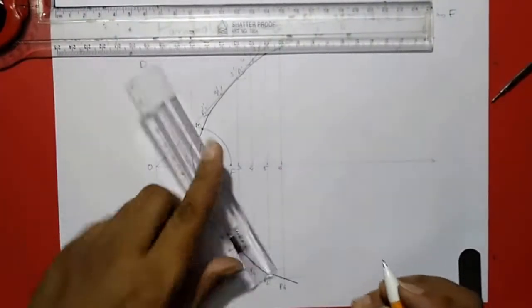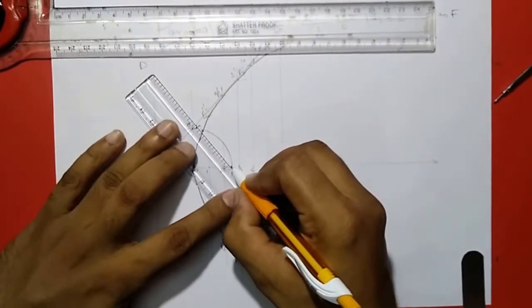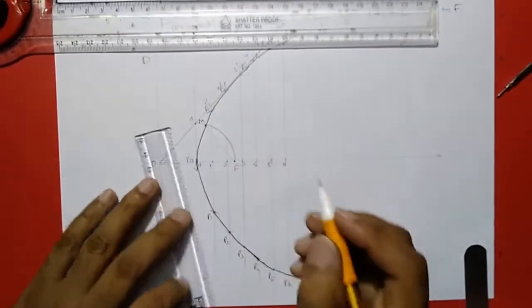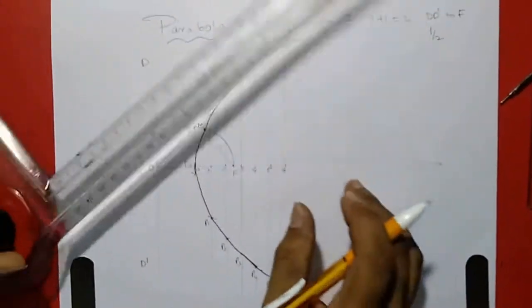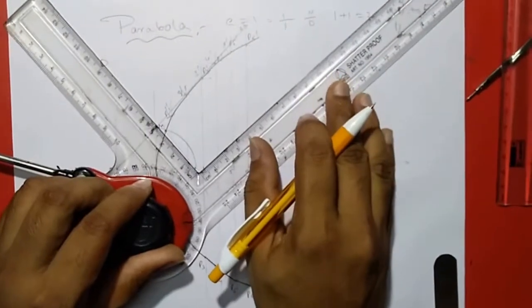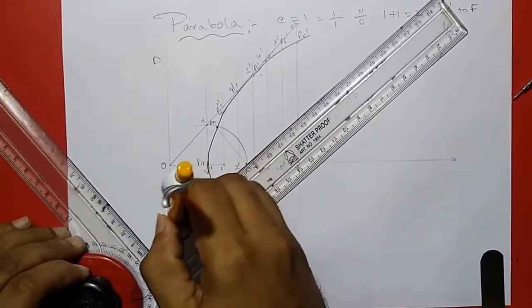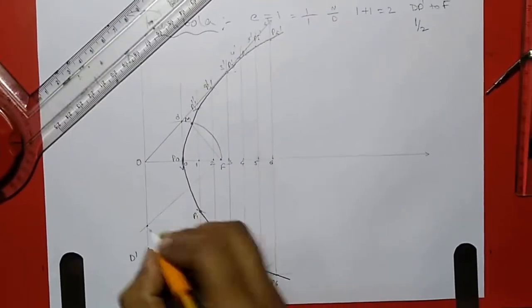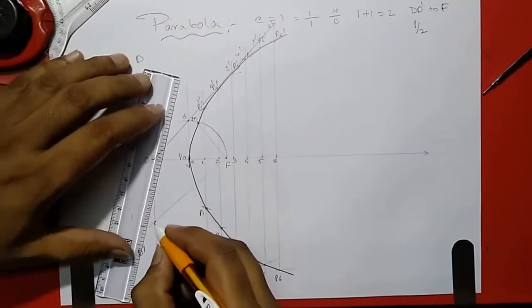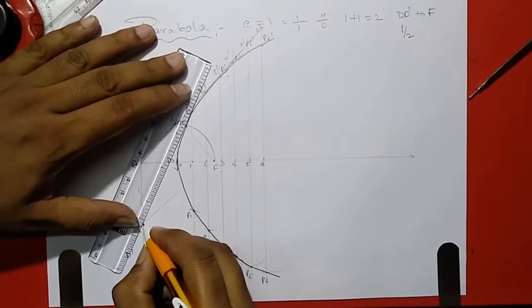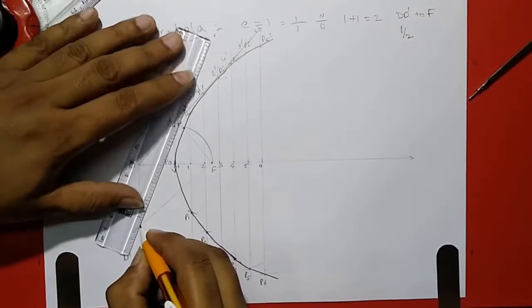This point is M, and from here I have to draw a line, a perpendicular line to this, which touches the directrix. This would be another point, and if you join these 2 points, that would become your tangent.